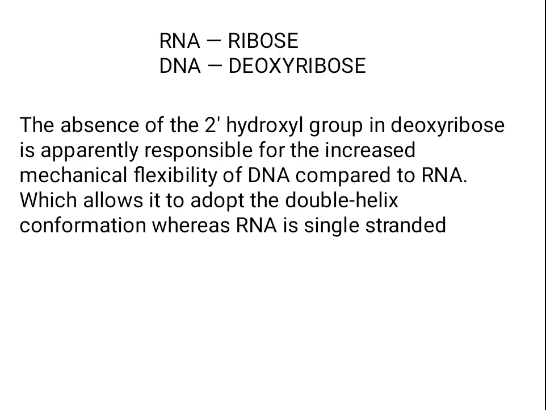Because of the absence of the hydroxyl group, DNA is more mechanically flexible, which allows it to adopt the double helix conformation, whereas RNA is single-stranded. So because of this, DNA gets the double helix conformation.